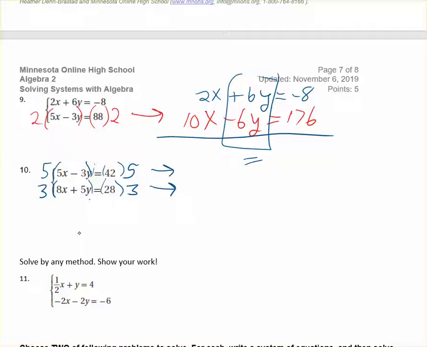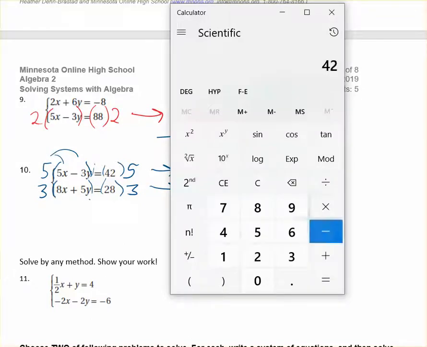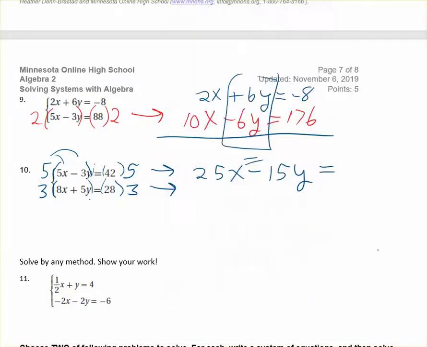The top equation, I have to use the distributive property, would be 25x, 5 times 5x, minus 5 times 3y is 15y, and it equals 42 times 5. On the bottom equation, I have 3 times 8x, that's 24x, plus 3 times 5y, that's plus 15y.